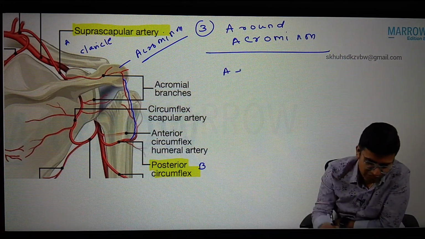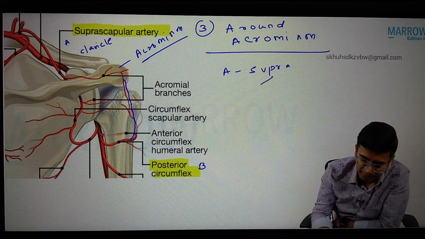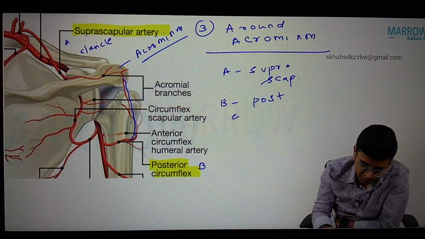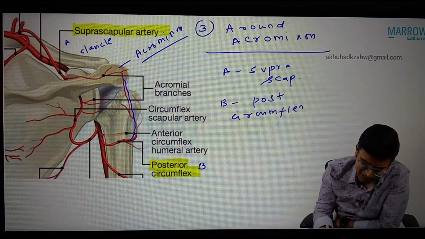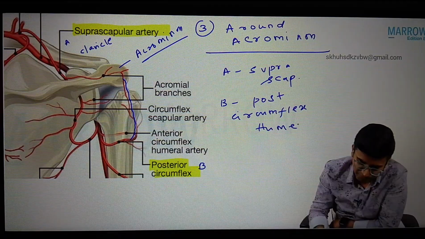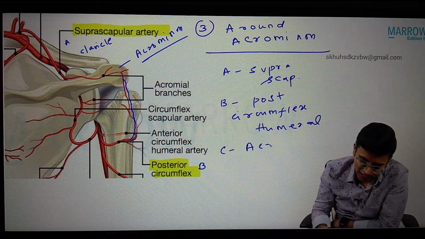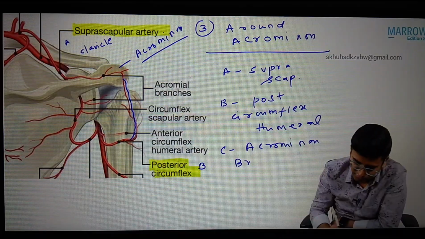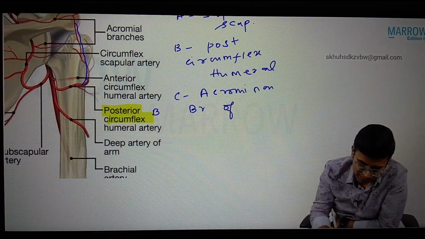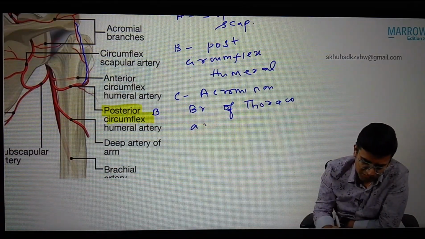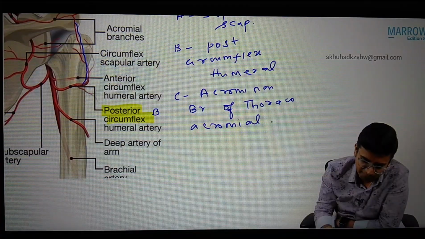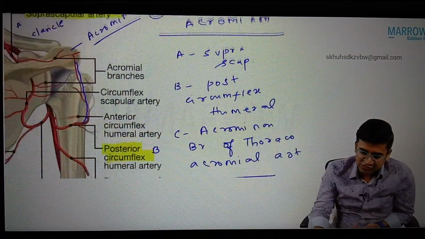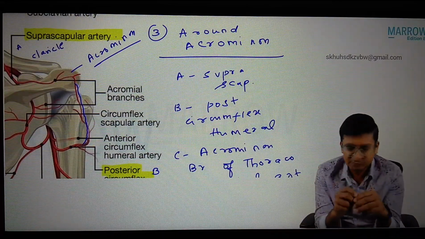A is the contribution from the suprascapular artery. B is the contribution from the posterior circumflex humeral, and C is the acromial branch of the thoracoacromial artery.